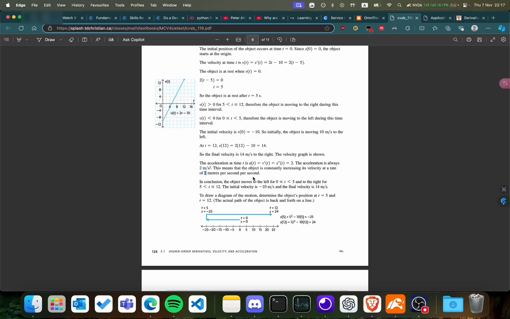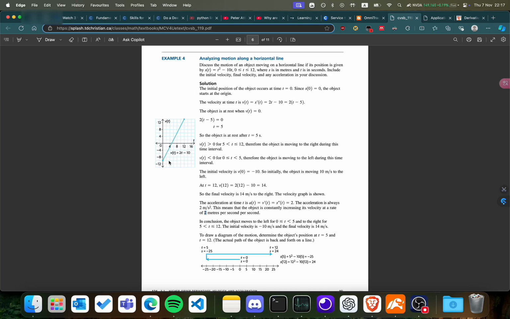So if you see the diagram here, although the speed initially was negative, meaning it's moving towards a negative direction, with time increasing and because of this positive acceleration, the velocity is actually going up, and in the end the velocity becomes positive.